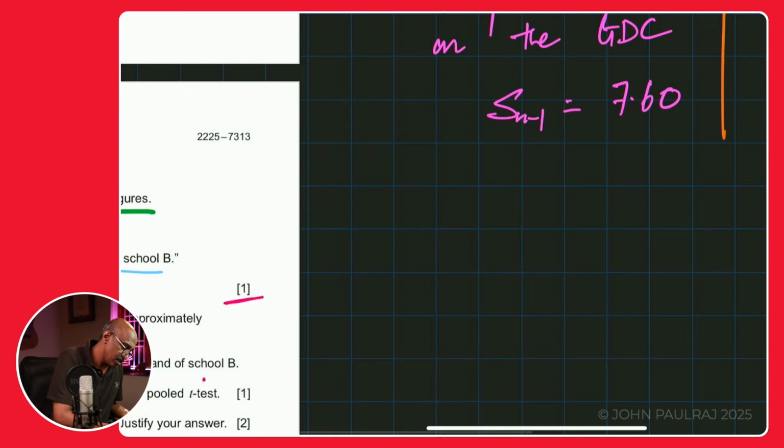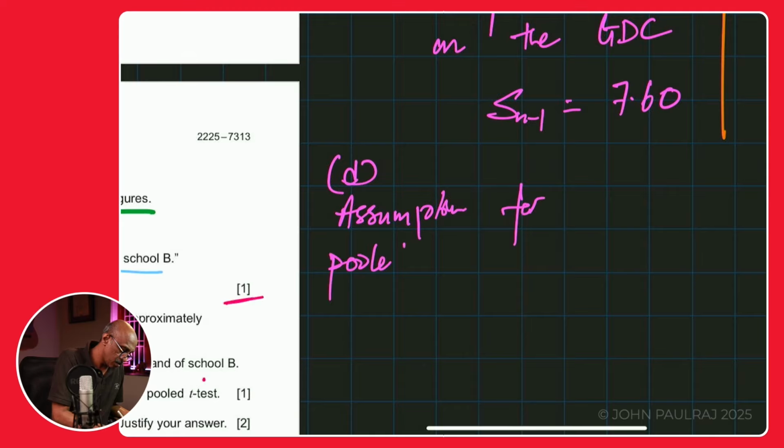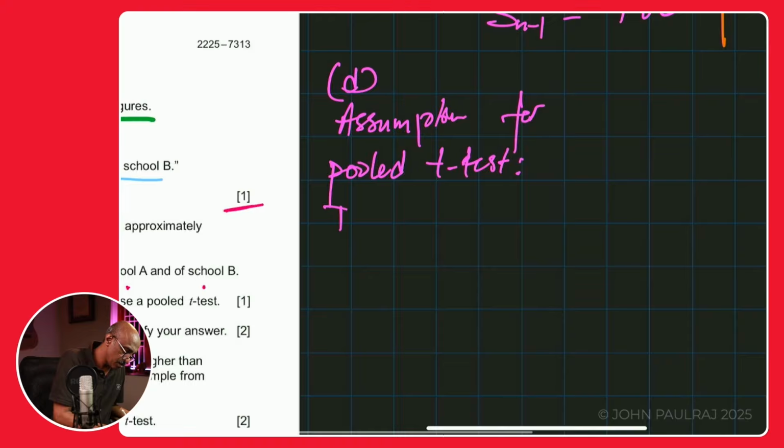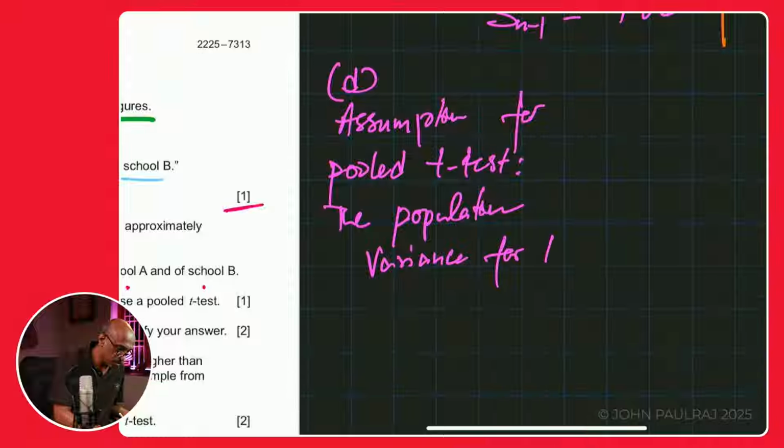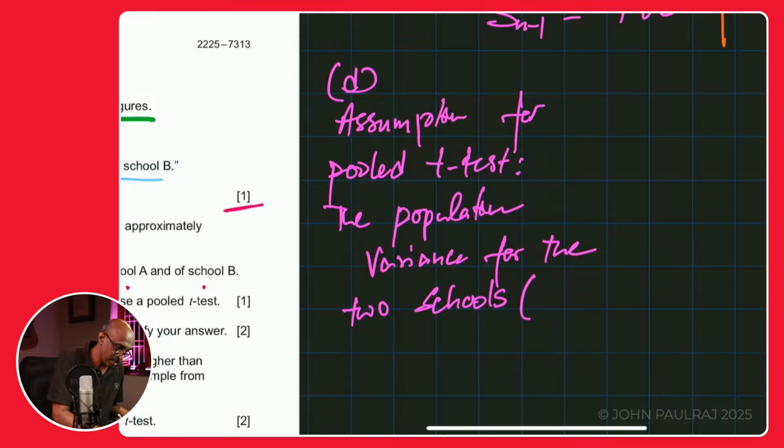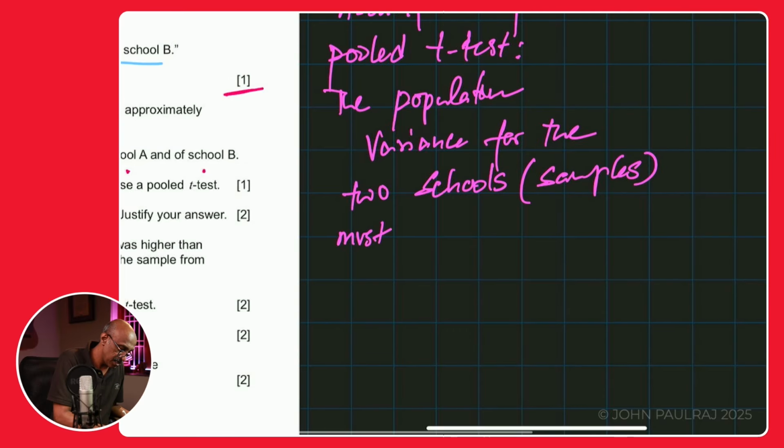D: the assumption for a pooled t-test, the population variance for the two schools, which is the same thing as the two samples, must be equal or the same. All right, they must be the same.